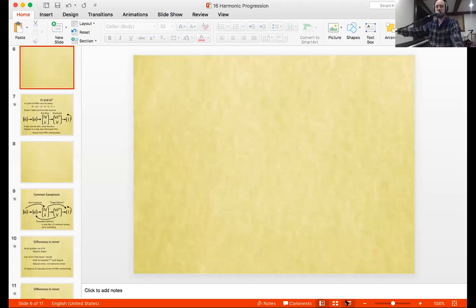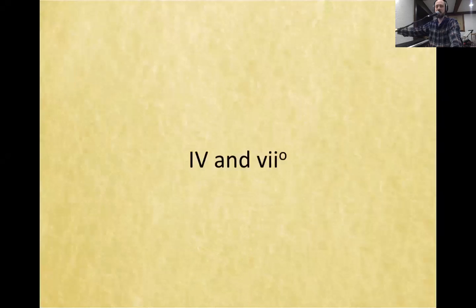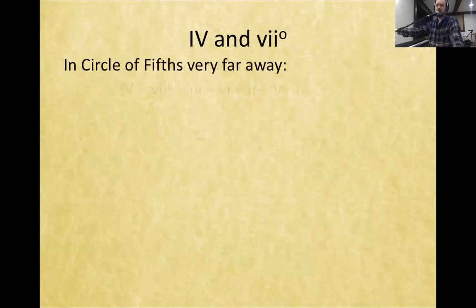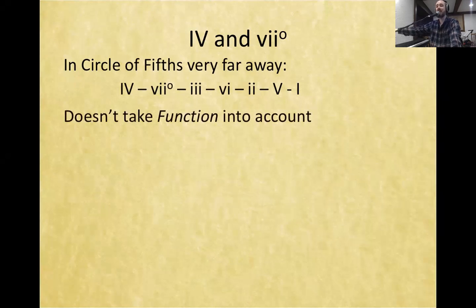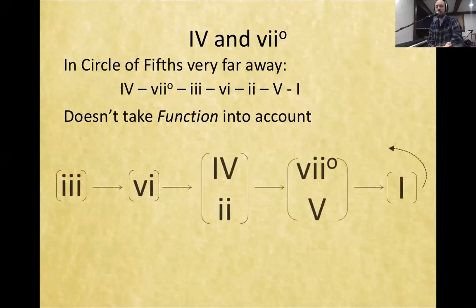So let's take a look and put that into a nice visually clear element. So here was what we were doing. This is just a quick little recap of what we said. We talked about how in the circle of fifths, these are very far away. But if we can find a way to think about their function, which is what we just did, think about what functional attributes they have, we find them in a very different position.